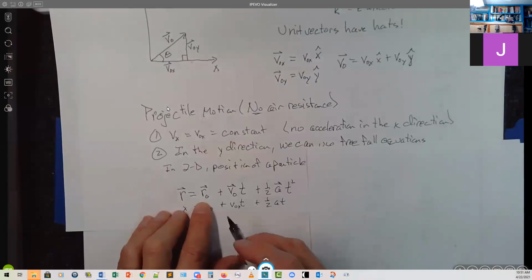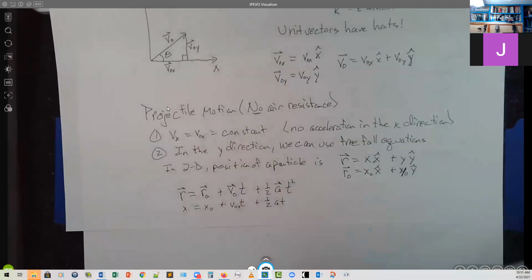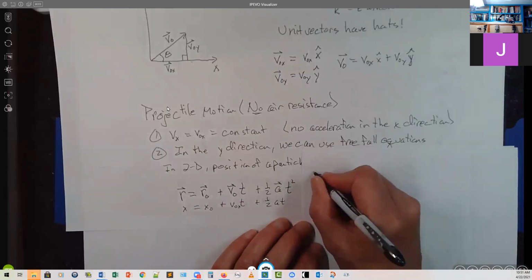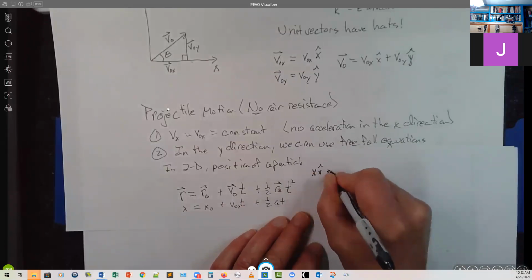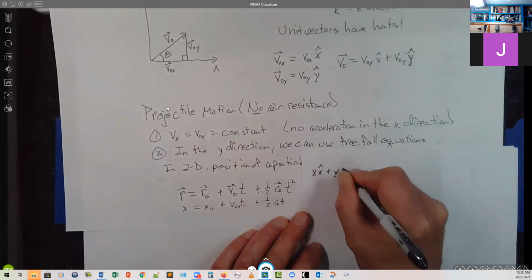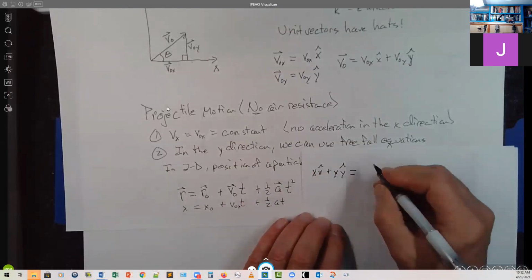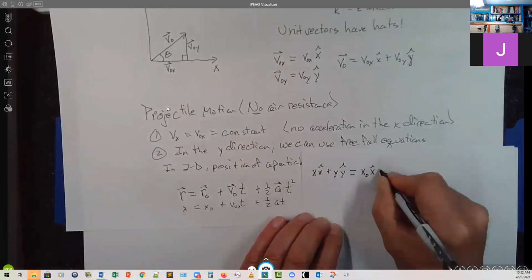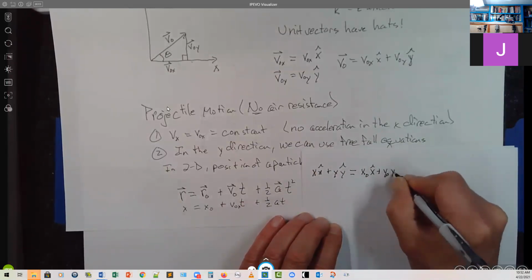I already told you kind of what R and R naught happen to be. Here's what it could look like in general. I could have X along X hat plus Y along Y hat, that's the R part on the left side, could equal X naught along X hat plus Y naught along Y hat.